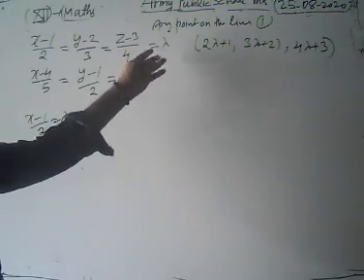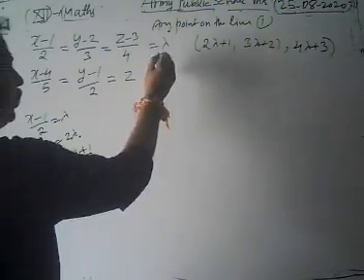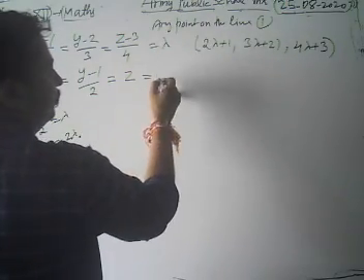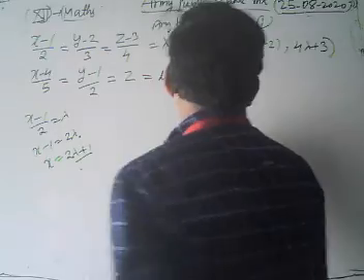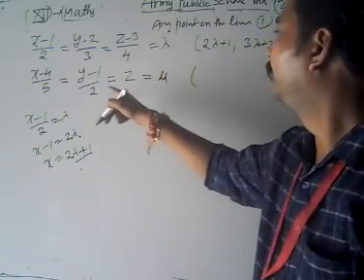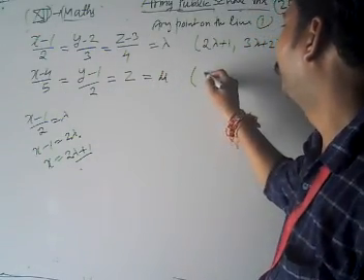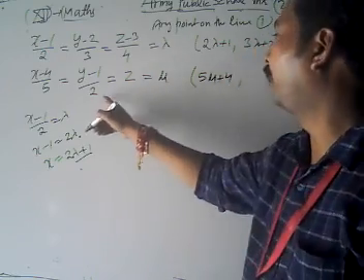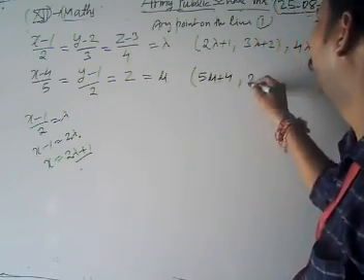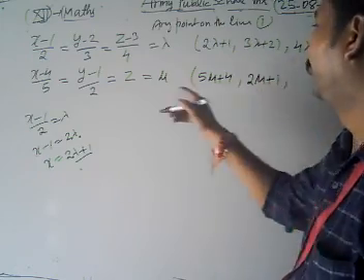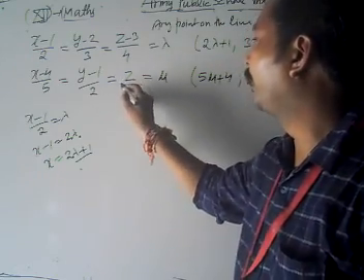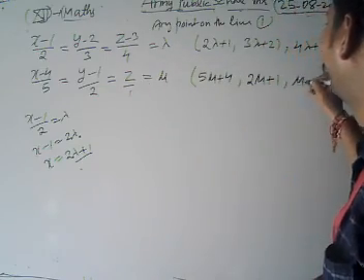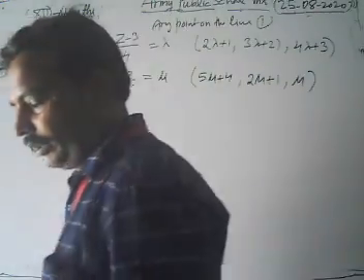Similarly, we find any point on line 2. Taking mu instead of lambda, we get 5 mu plus 4, then 2 mu plus 1, and then mu.